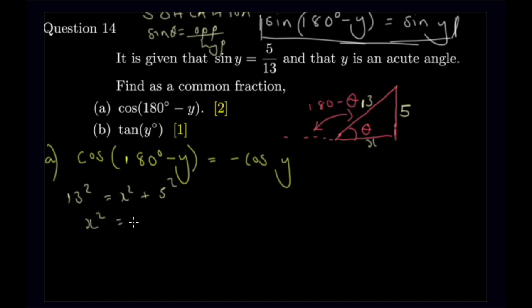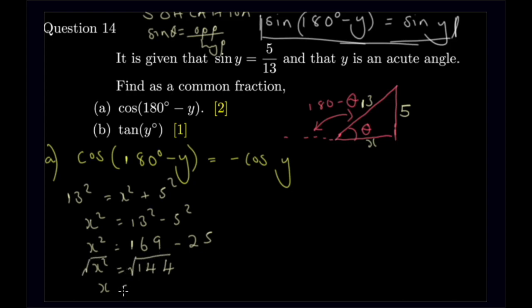And you get x squared equal to 13 squared minus 5 squared. Then you get x squared equal to, I think that's 169, is it? Minus 25, you get 144, I think. So x squared equals 144. So x equals what? 12, right?